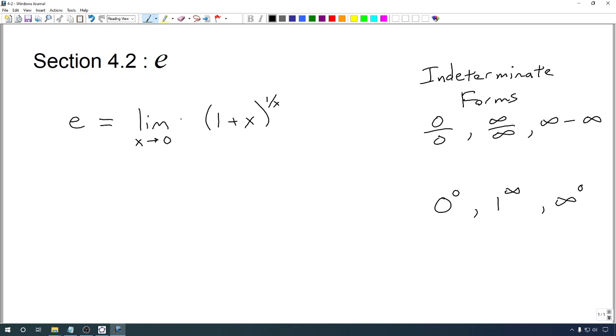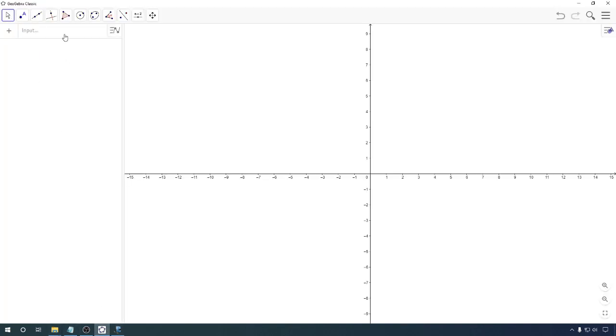Now, in this particular case, until we have the number e, there's not really any way to find a limit for this thing. We actually are defining e to be that limit, and we can go ahead and graph it and see that it even makes sense. Let's take a look at the function (1 plus x) to the 1 over x power. We get this particular curve here.